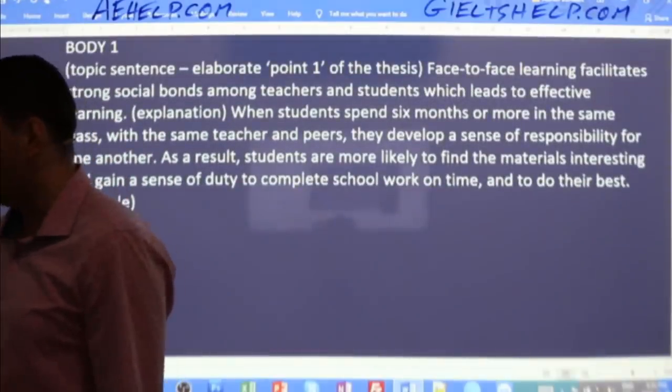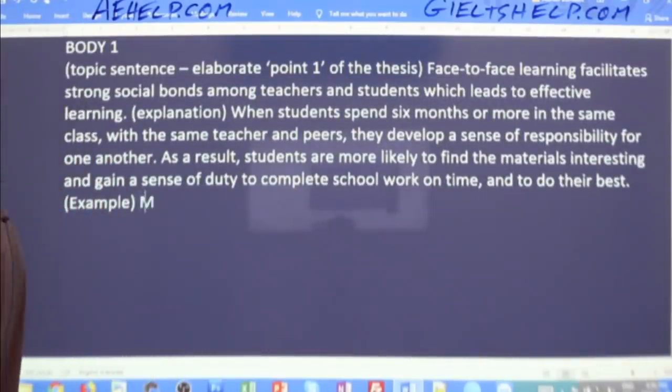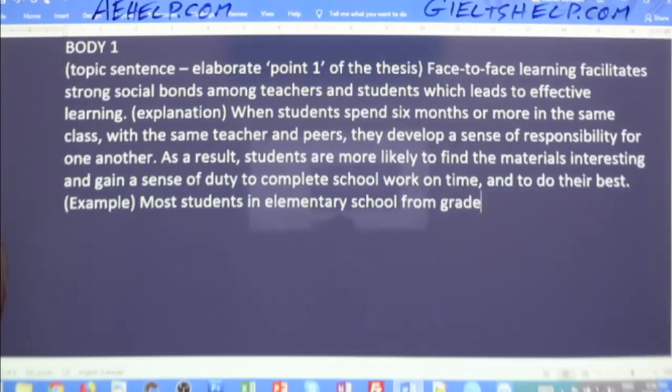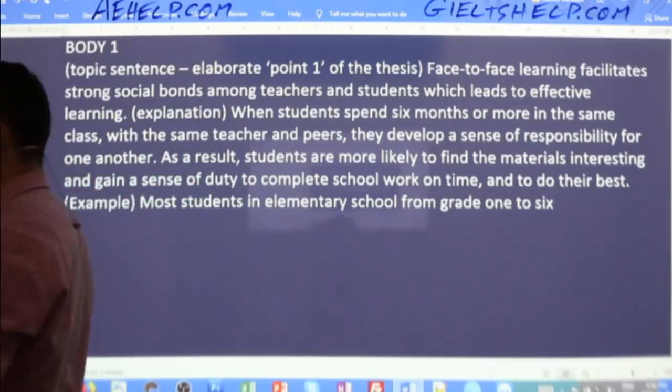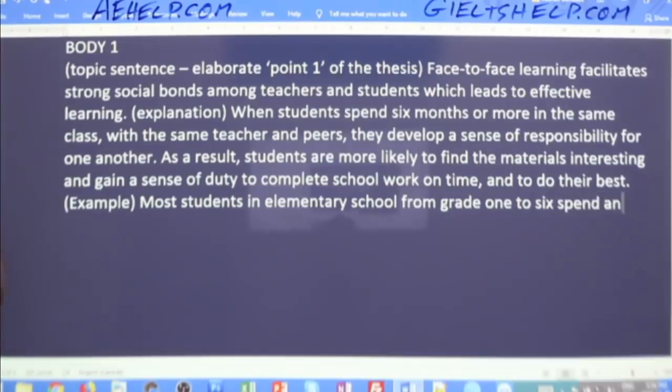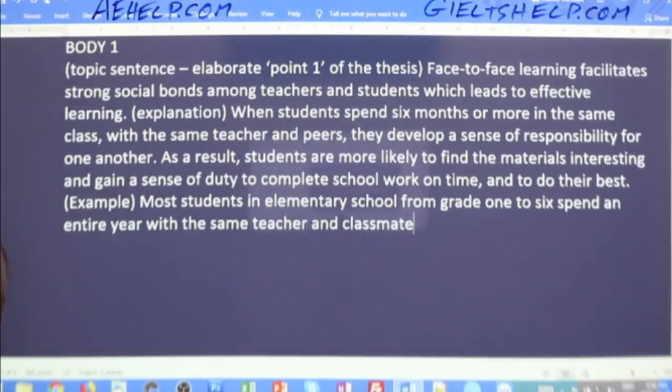So example. All right. Most students in elementary school from grade 1 to 6, or whatever school system you have, of course, from grade 1 to 6, spend an entire year with the same teacher and classmates.